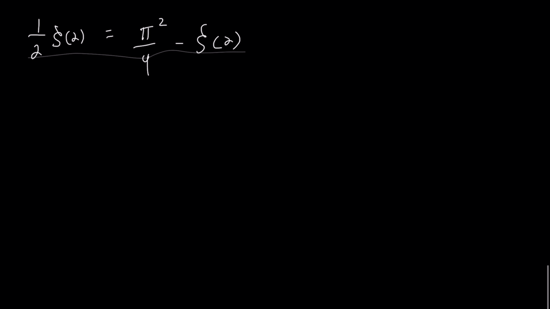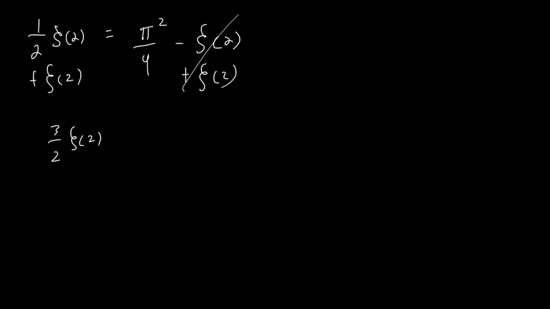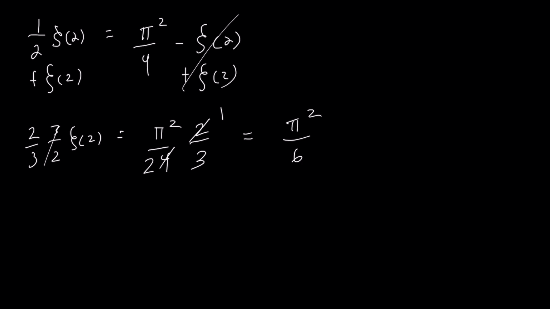And now all that's left is to solve for zeta 2. So adding zeta 2 on both sides, we have 3/2 zeta 2 is pi squared over 4. Multiplying by 2/3, this ends up being 1 and this ends up being 2. So we're left with pi squared over 6.